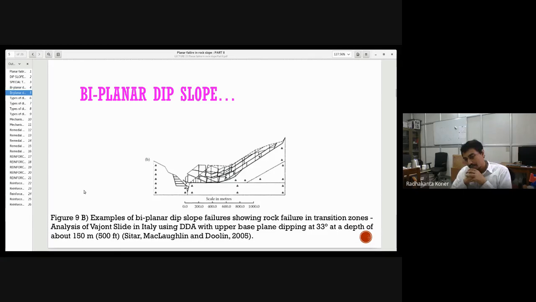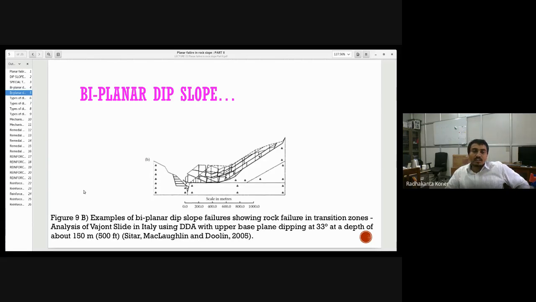The same thing was studied by McLoughlin and Doolin in 2005. They published their work using a method called DDA, discrete element analysis. This was an earlier concept of the discrete element method, DEM.